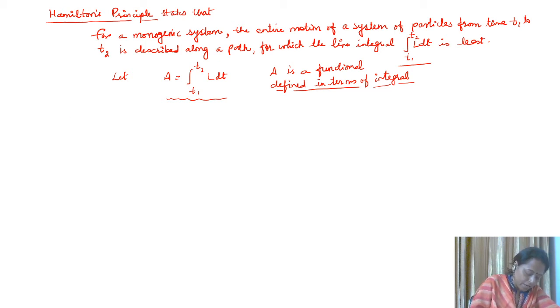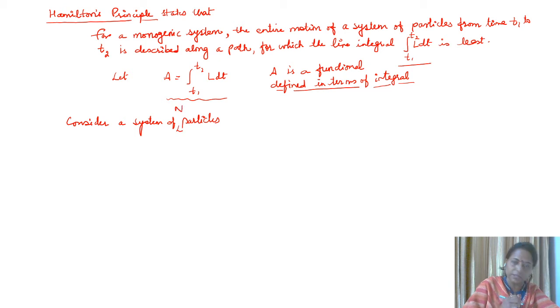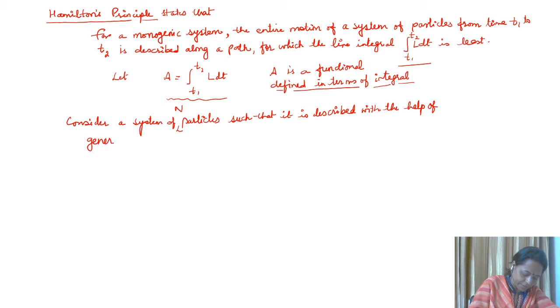First of all, consider a system of n particles, described with the help of generalized coordinates qj, and L is a function of qj, qj dot and time.